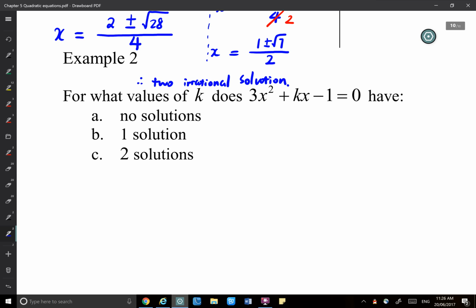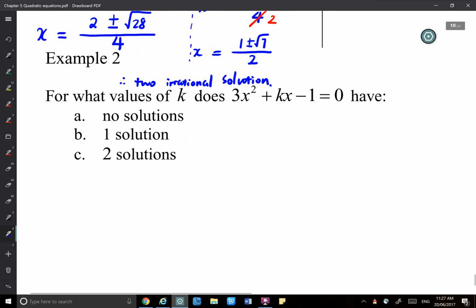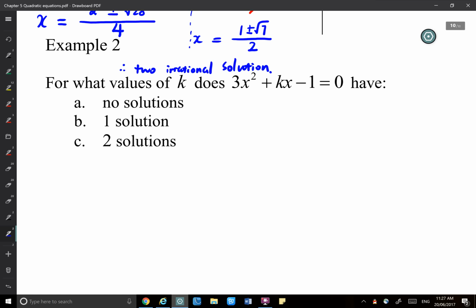Okay, first, for what values of k does this equation have 1 solution, 2 solutions, and no solution? Well, you know that different k values will give you different b squared minus 4ac values and will give you a different number of solutions.